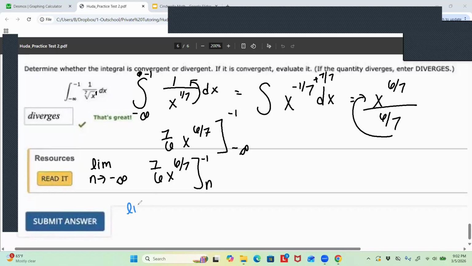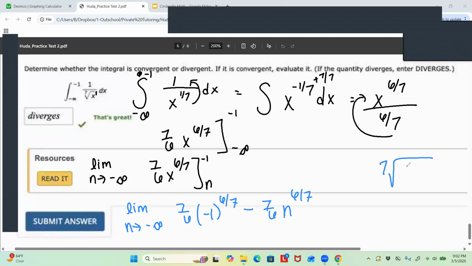So we would have limit as n approaches negative infinity, 7/6 times -1 to the 6/7 minus 7/6 n to the 6/7. -1 to the 6/7, that's really the 7th root of -1 to the 6th. So that'd be the 7th root of 1, which would be 1. So this would just be 7/6 times 1, so that's 7/6 minus 7/6 n to the 6/7, and then it's still the limit.